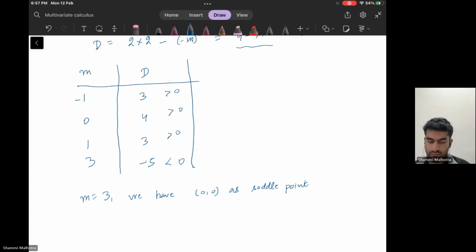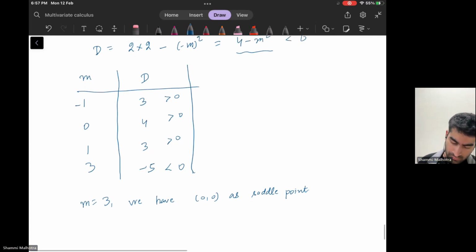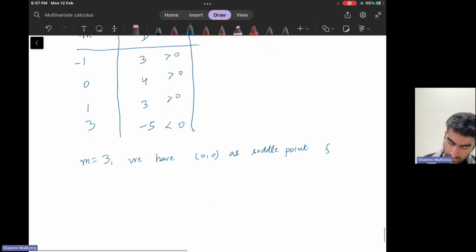So that's how basically you can evaluate this. You can use this. This is coming from the second derivative test.